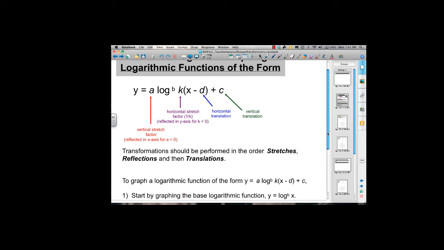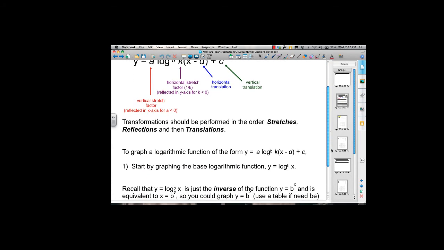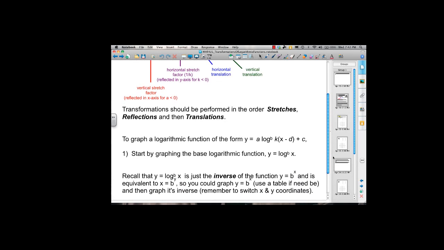Now, as far as the basic process for graphing a logarithmic function, what would make the most sense is to start by graphing the base logarithmic function, which will vary depending on what your base is, but whatever the base is, you'd want to start with that.